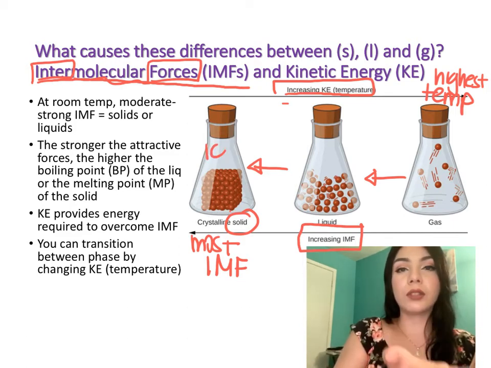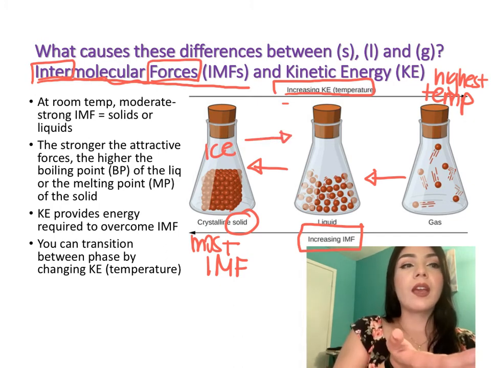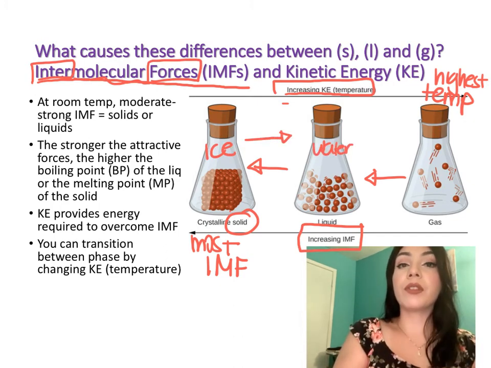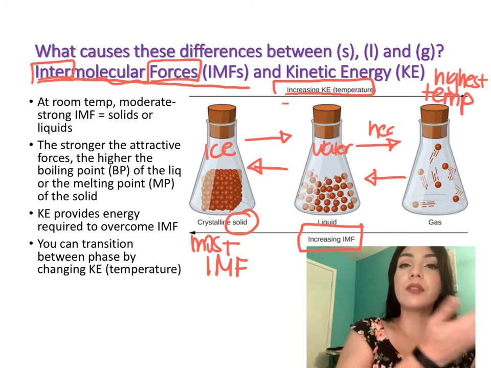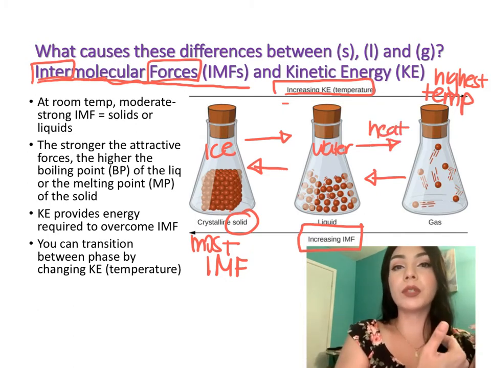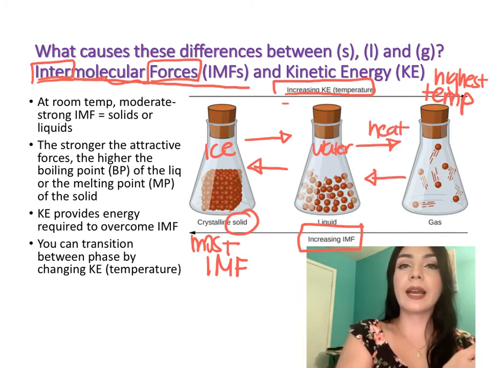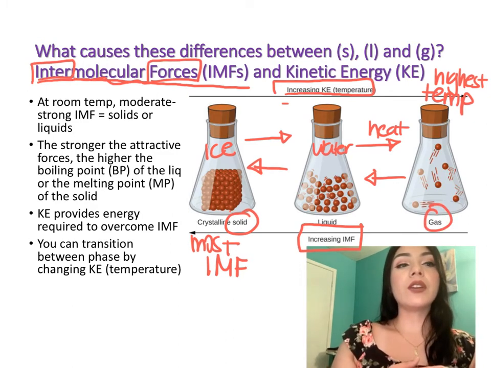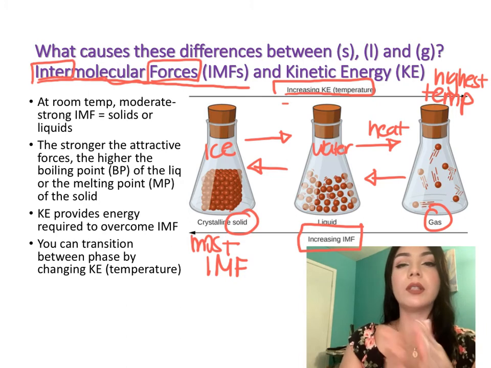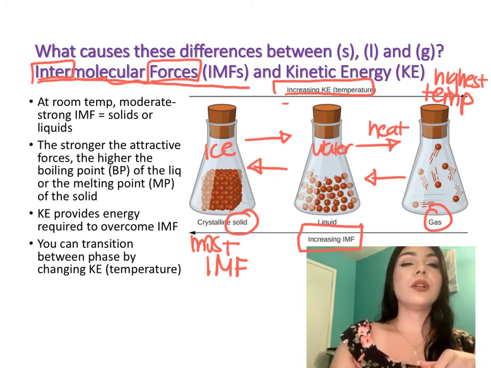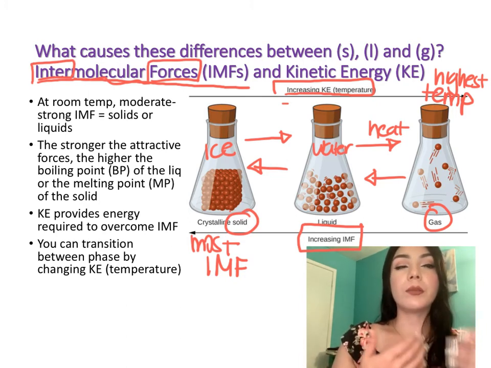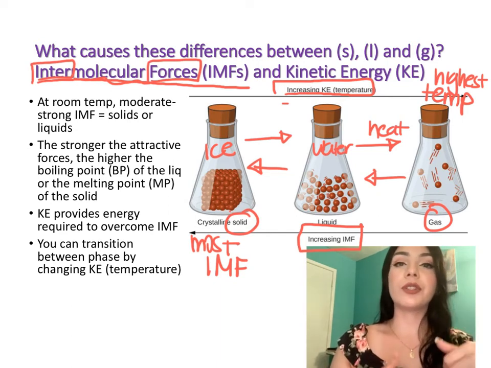Let's say you took that liquid water and put it in a pan over the stove. You would be increasing the temperature even more, so that would turn it into a gas. So as you increase intermolecular forces, you go from gas to liquid to solid. As you try to overcome these intermolecular forces, you're going to have to increase the temperature.